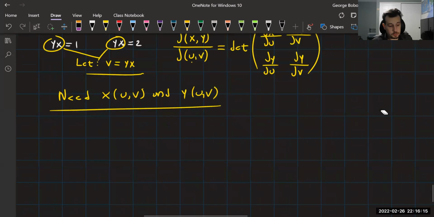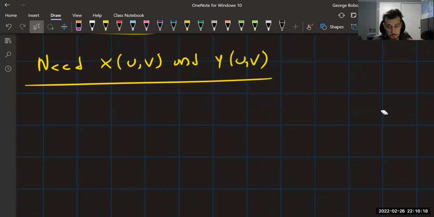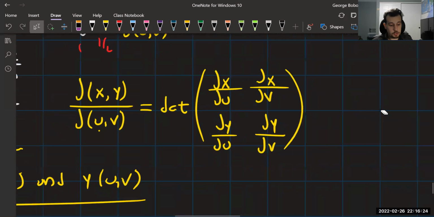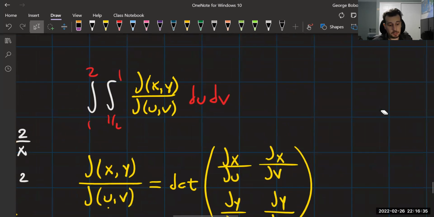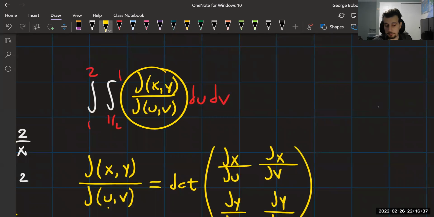Now, once you have your functions of x and y in terms of u and v, you're ready to take their partial derivatives with respect to u and v and fill in the Jacobian. Once you fill in the Jacobian, you can do the determinant here, get what the Jacobian is going to be in terms of u and v, and then plug it back into the integral. And at that point, you're evaluating the integral.